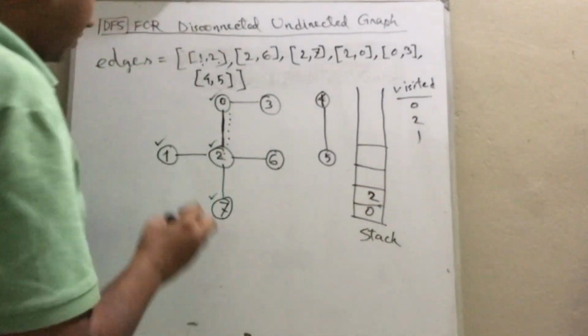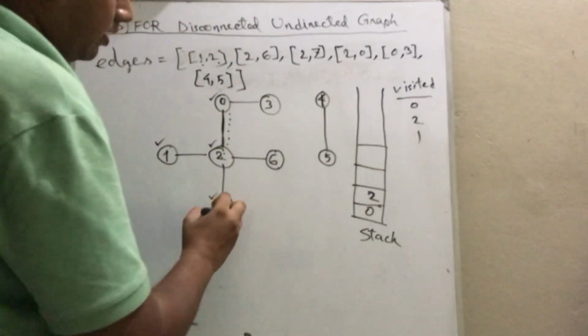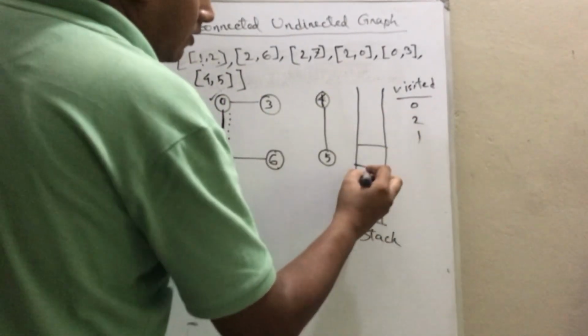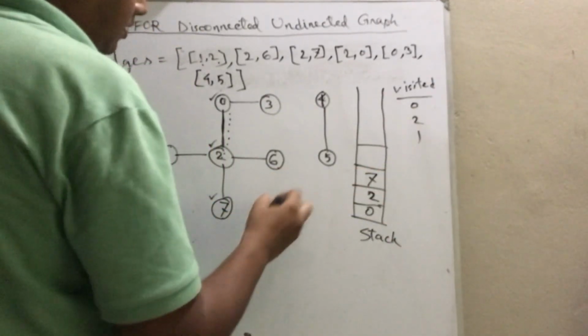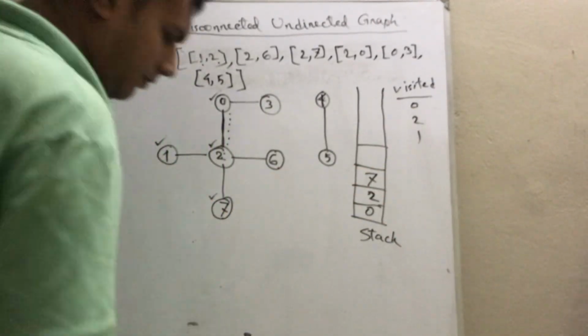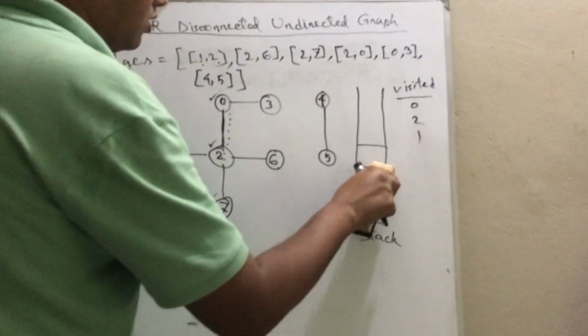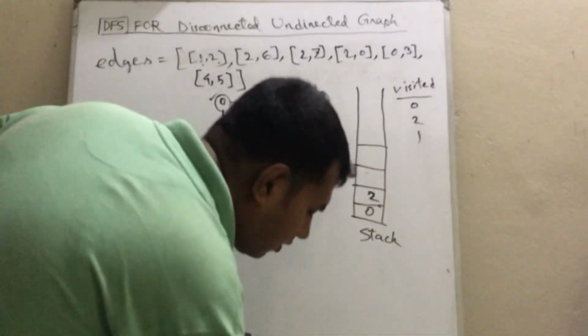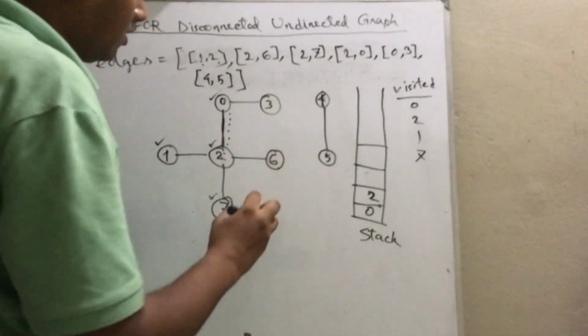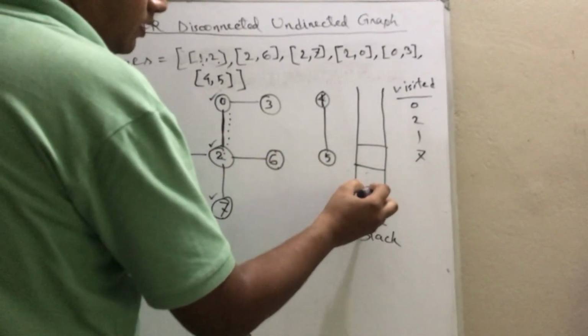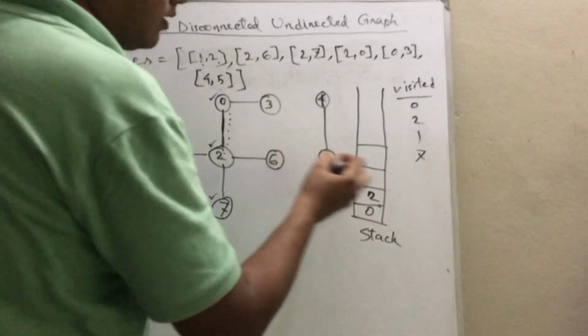So 2's neighbor is 1 but already visited. 7 is not visited, so add 7. 7 has no unvisited neighbor, so pop 7 and we also add it to visited. Okay, done.